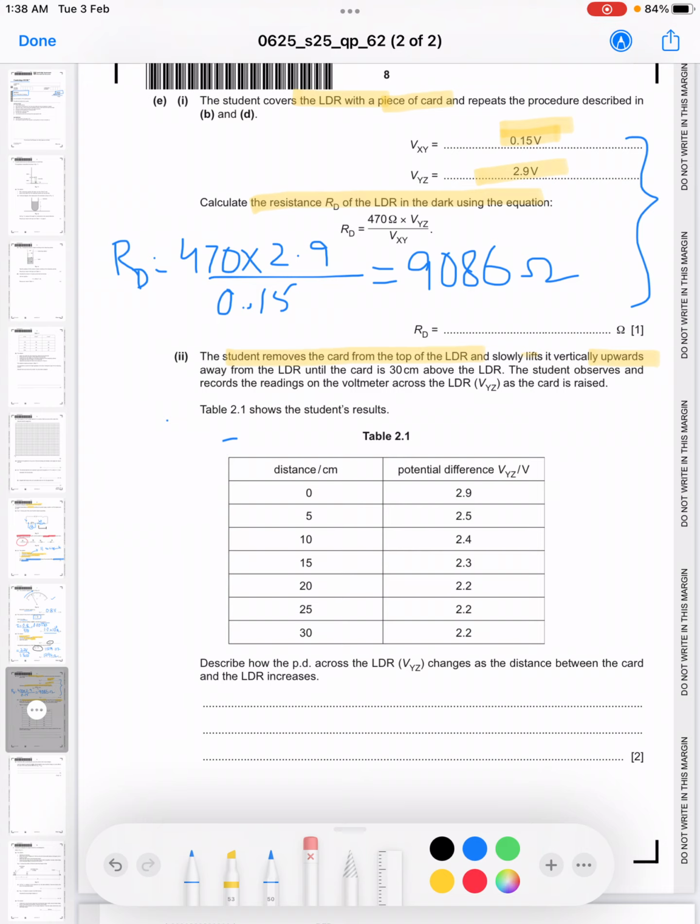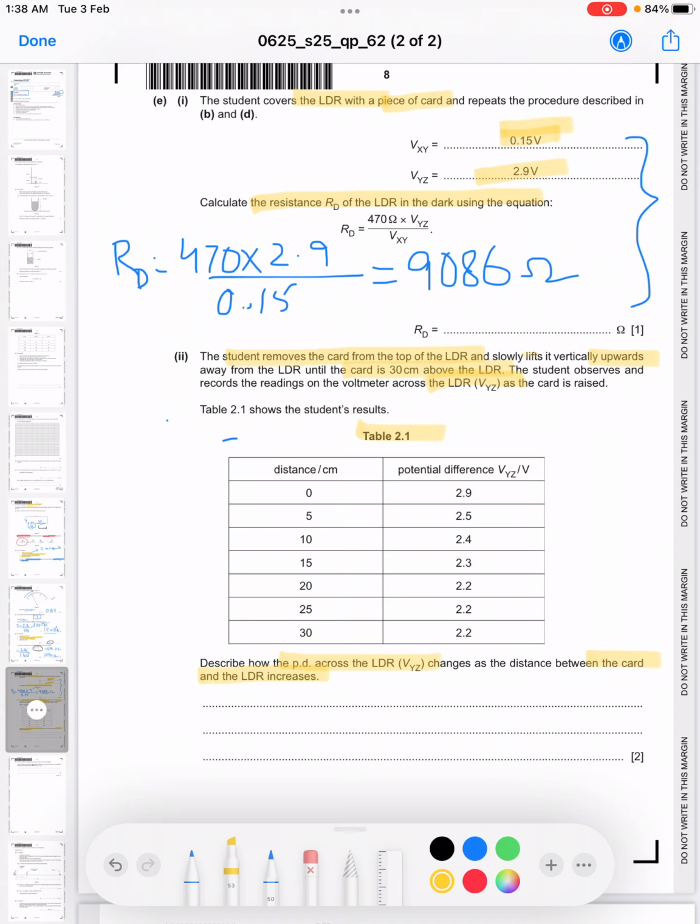Until the card moves 30 centimeters above the LDR, the student observes and records the reading of the voltmeter across LDR, VYZ, and the result is in table 2.1. Describe how the potential difference across LDR VYZ changes as the distance from the card and the LDR increases.